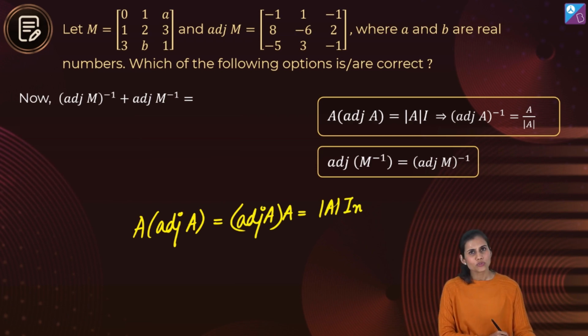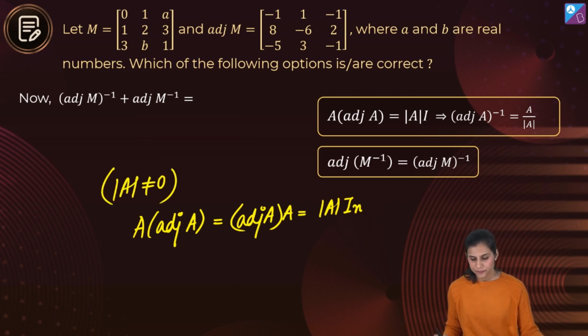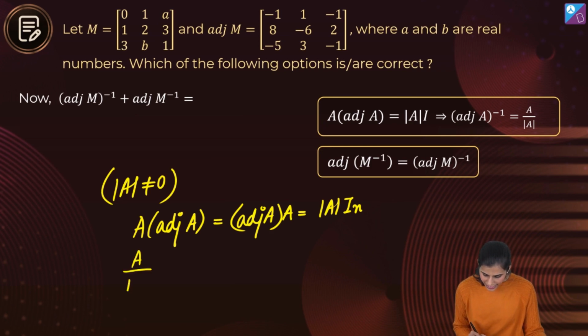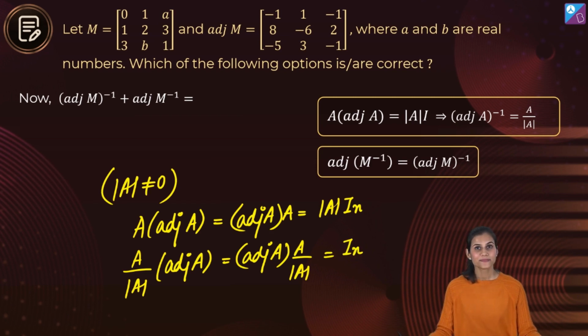Now divide throughout the equation by determinant of A, keeping in mind that determinant of A is non-zero, or rather A is invertible. What do I get in the next step? A upon determinant of A times adjoint of A is equal to adjoint of A times A upon determinant of A, which is equal to identity matrix.